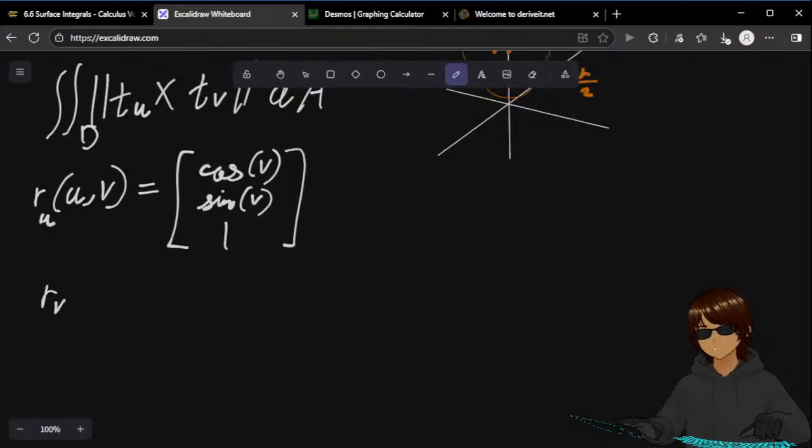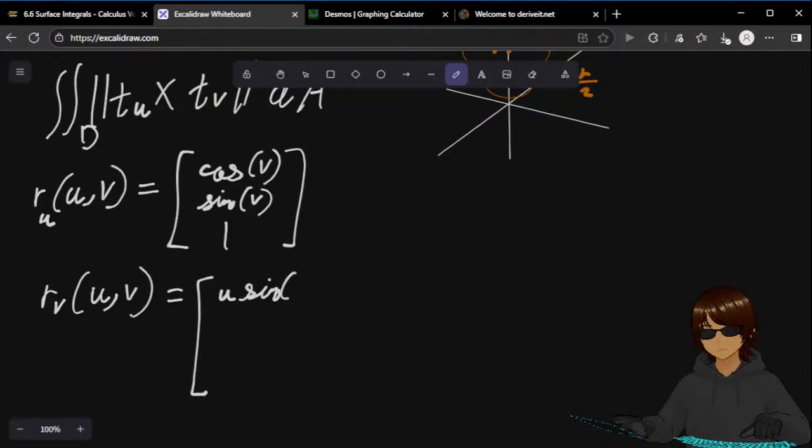Now if we do it with respect to V, derivative of sine is cos. Derivative of cos is minus sine. Then 0, right? And then the cross product of these two.